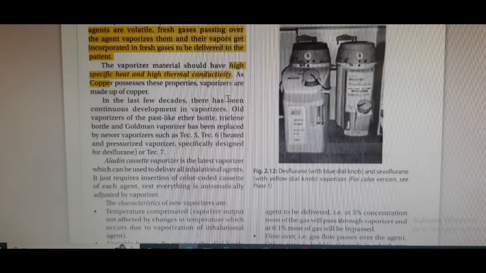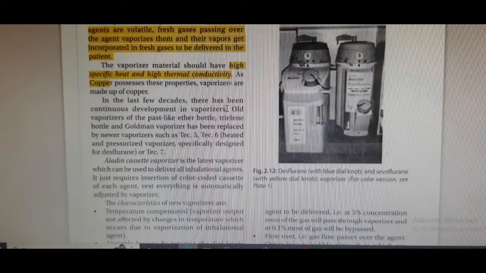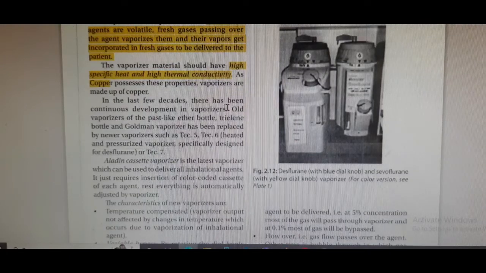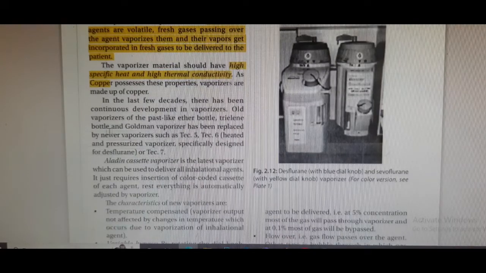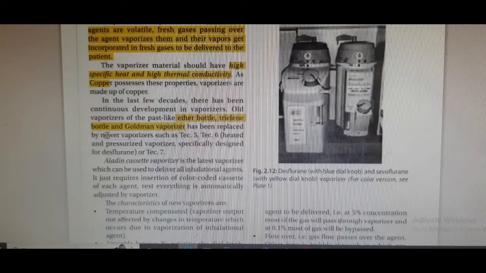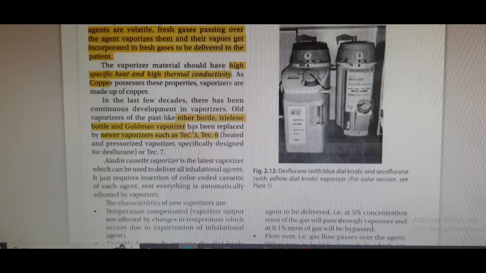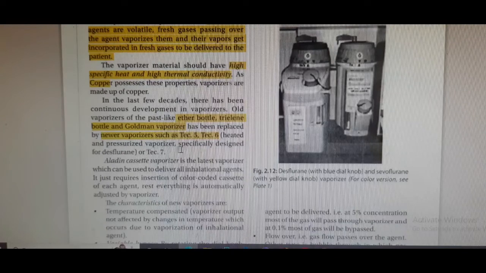In the modern years, there have been certain developments in vaporizers. In olden days, they were using the ether bottle, trilene bottle or the Goldman vaporizer, which has been replaced by newer vaporizers such as Tec 5 and Tec 6. Those are the heated and pressurized vaporizers that are specifically designed for desflurane.